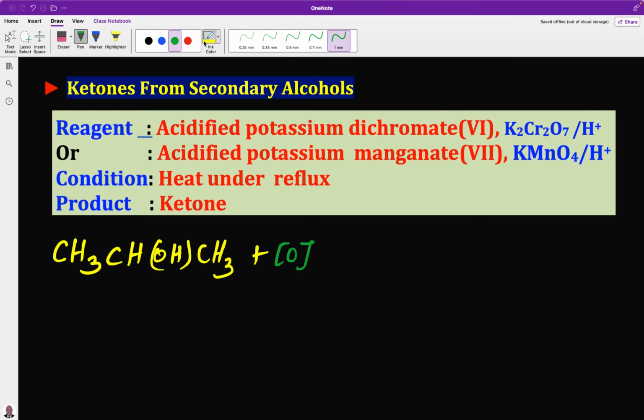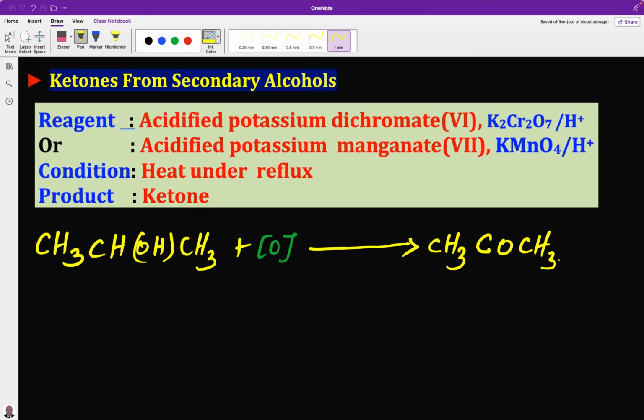Oxidation is taking place to give CH3 CO CH3, and a molecule of water that is always eliminated.